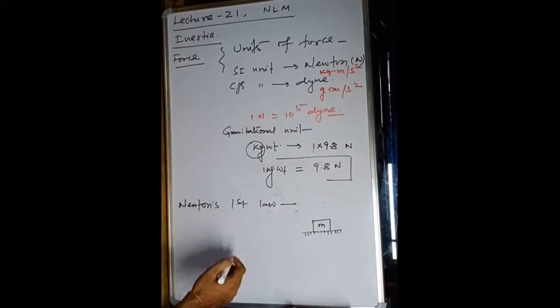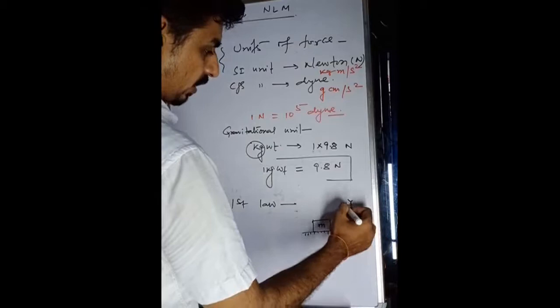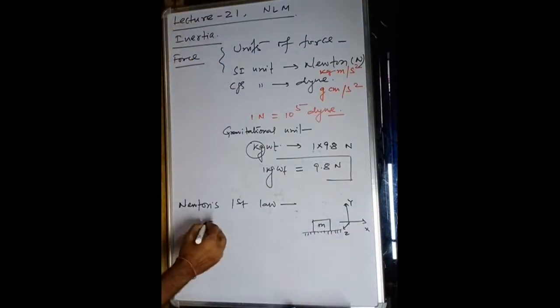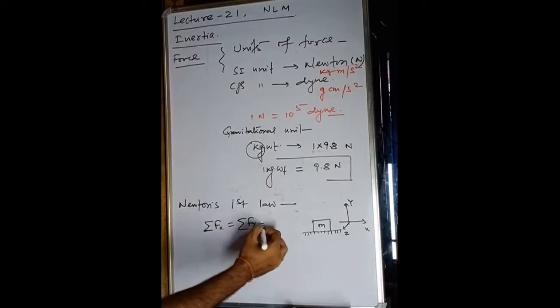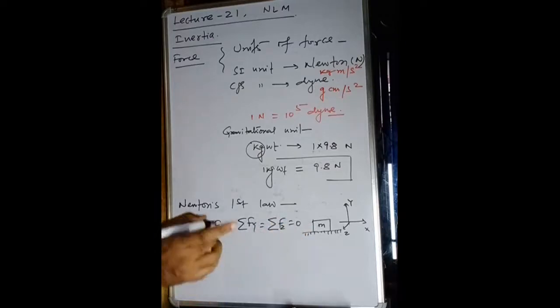Mathematically we can write this. If this is our x, y axis, and this is the z axis, then if the sum of forces along the x-axis or y-axis or z-axis is 0, then the body remains in its actual state of rest or motion or uniform direction.